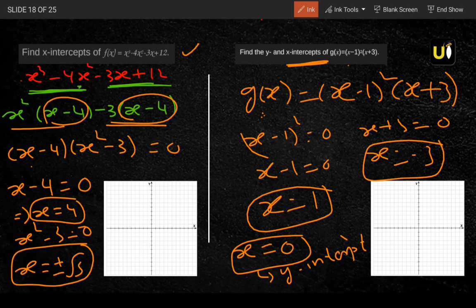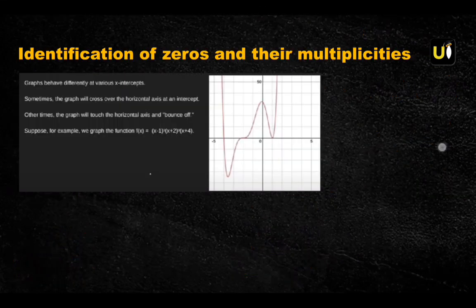Here substituting x as 0 we get minus 1 into 3. That means it is minus 3. So the y-intercept is minus 3. Be careful. If x-intercept is asked, we have to find the value of x for which the polynomial equation will become 0. If we are asked to find the y-intercept, we have to substitute 0 in place of x and find the value.